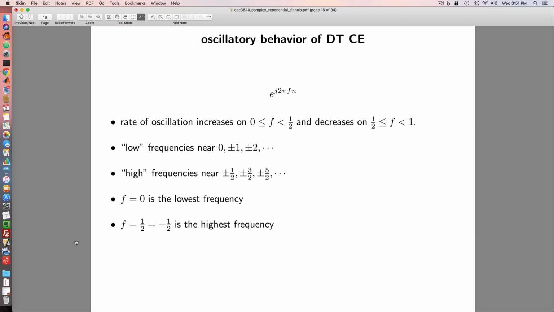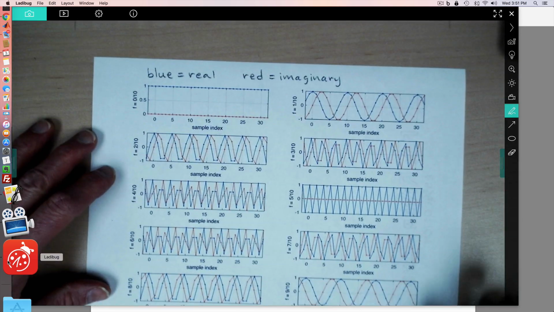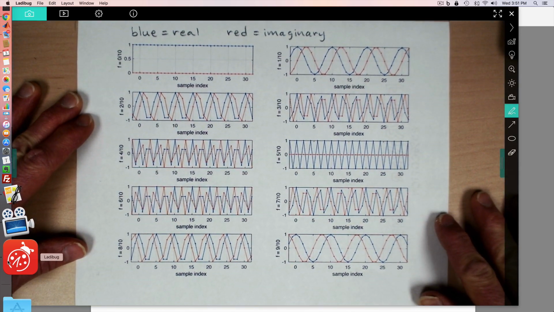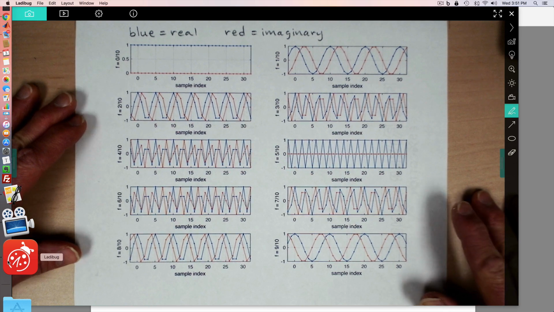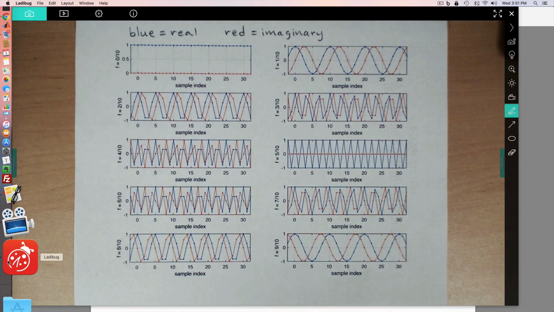Let's take a look at an example that illustrates this. I've made a plot here showing what happens as the frequencies increase. Now on each axis I've drawn 2 lines. The blue line is the real part of the complex exponential, and the red line is the imaginary part. So the blue is the cosine and the red is the sine part. And I've increased the frequencies.